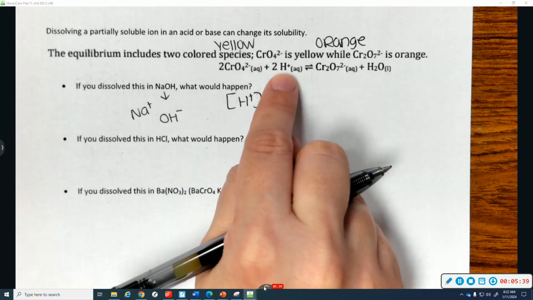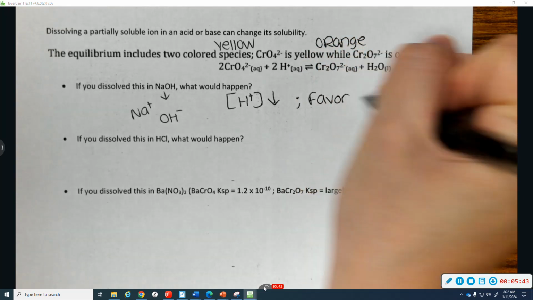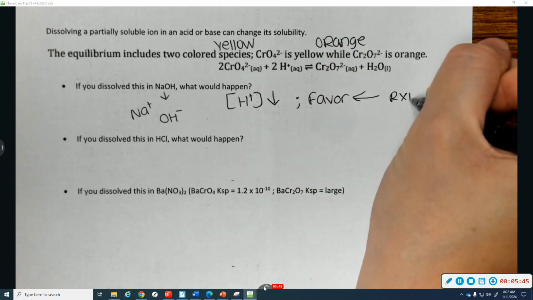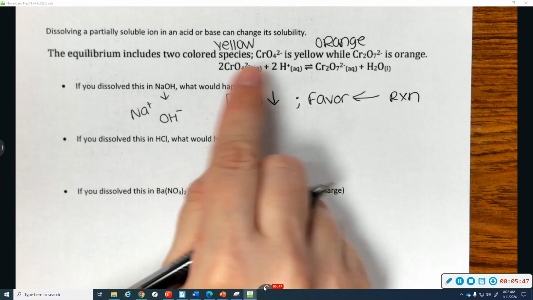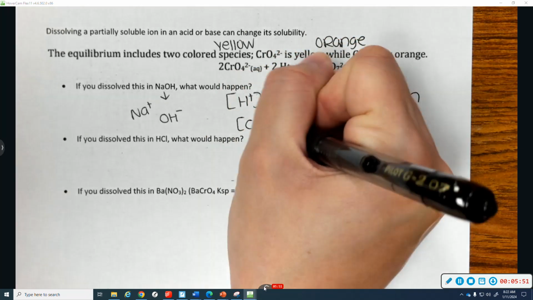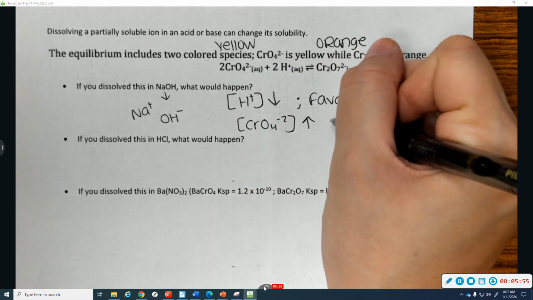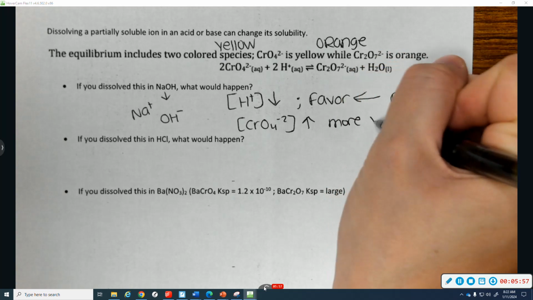If your hydrogen ions have decreased, that's going to make it favor the reverse reaction. If the reverse reaction gets favored, I'm going to make more chromate. So the amount of chromate is going to go up, which means it's going to be more yellow, less orange.